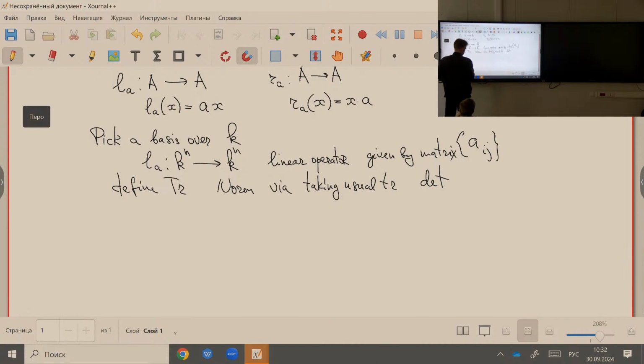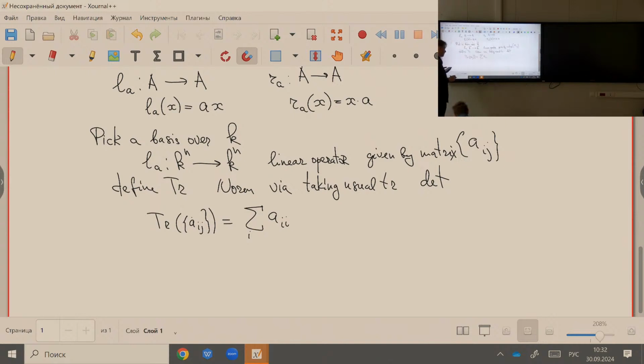Yeah, so of course trace is just the sum of the diagonal elements. Of course there are conceptual ways to do it, but surprisingly they are more complicated than just writing down this formula.